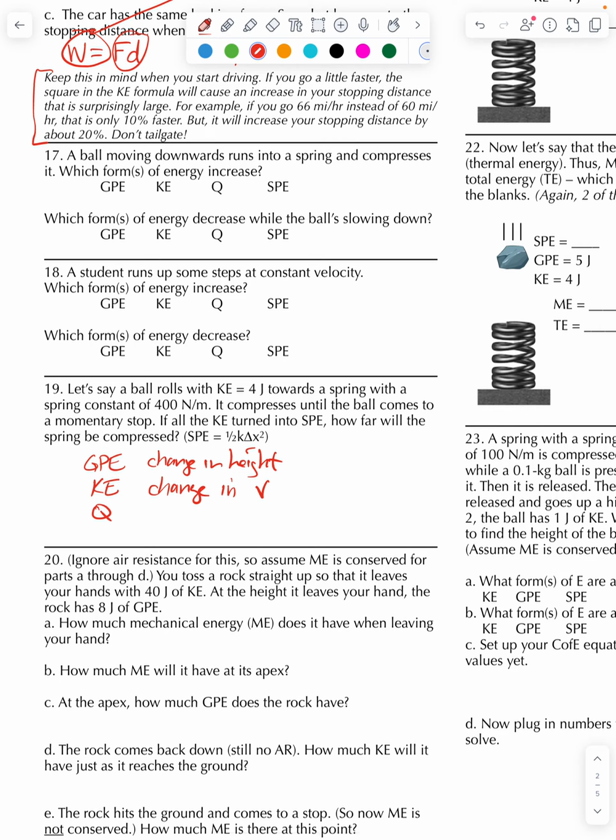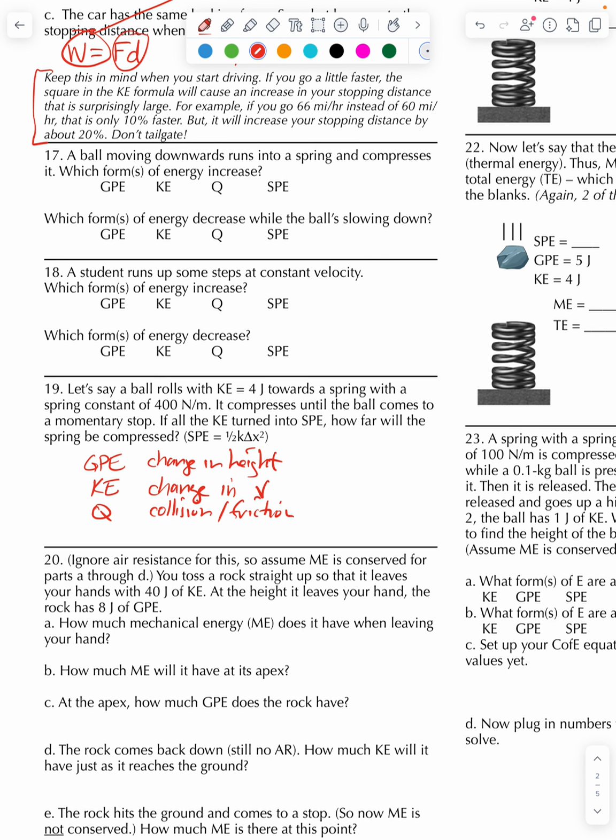What about next on the list up there at number 17, Q. Q represents the heat generated due to friction or collisions between 2 objects. So we know that heat is going to be created if you have a collision or some kind of friction, something sliding relative to another. We don't decrease heat. So you'll never say Q is decreasing. If anything, we're just making heat.